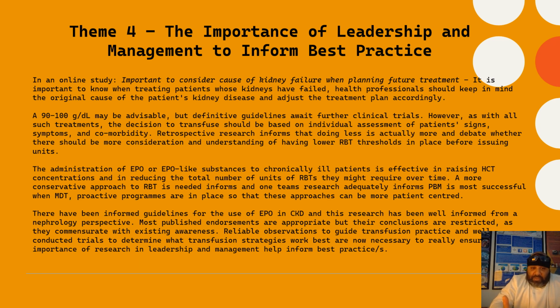Now, when this research was presented previously or retrospectively, the guidance for those who may need blood transfusions, at least in relation to hemoglobin and looking at anemia, was that 90 to 100 grams per deciliter may be advisable, but definitive guidelines await further clinical trials.